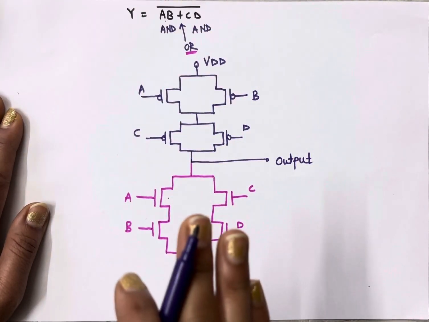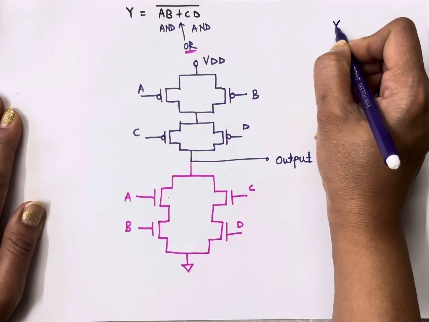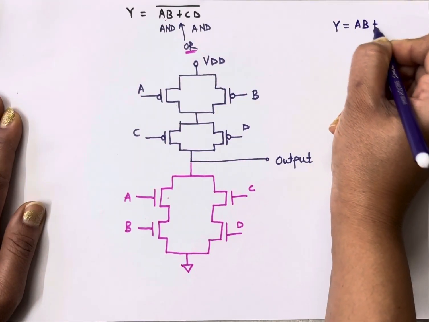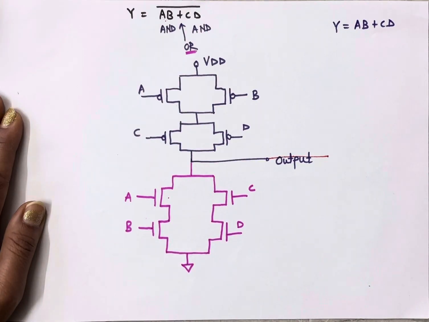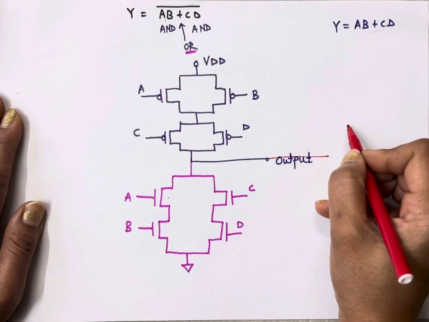To implement only AB plus CD, if the equation is Y is equal to AB plus CD only, then what I will do? I'll simply connect an inverter here.